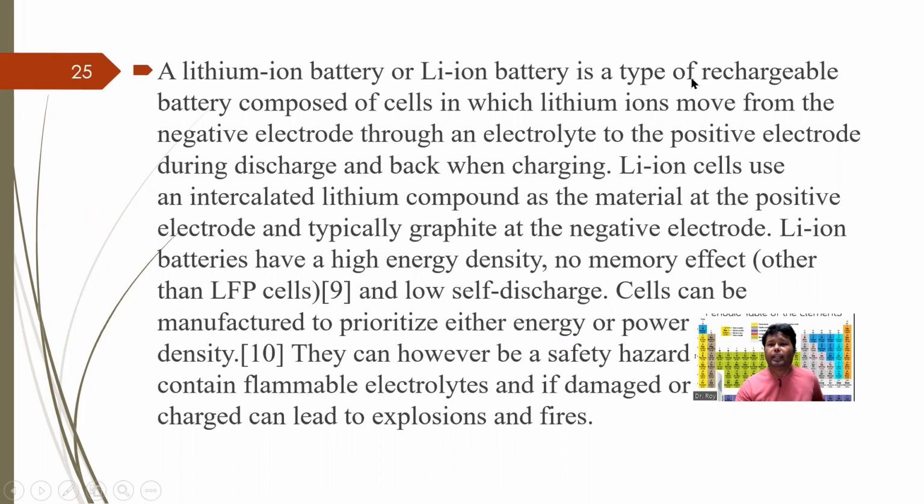The lithium ion battery is a type of rechargeable battery composed of cells in which lithium ions move from the negative electrode through an electrolyte to the positive electrode during discharge and back when charging. That means when we charge this, we are regenerating the electrode. Lithium ion cells use an intercalated lithium compound as the material at the positive electrode and typically graphite at the negative electrode.